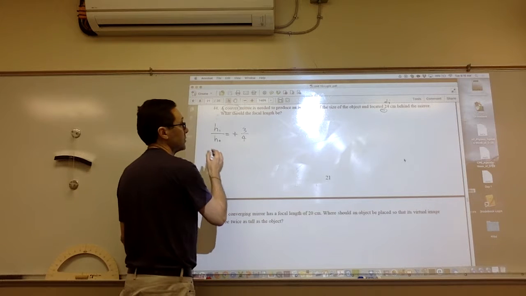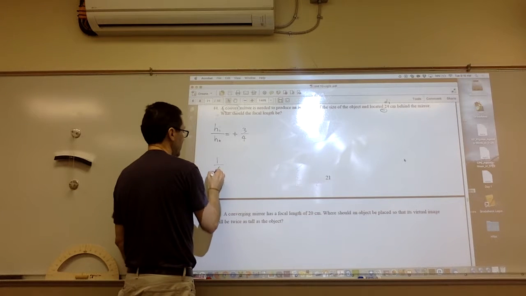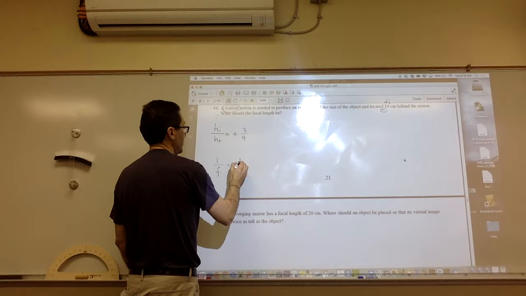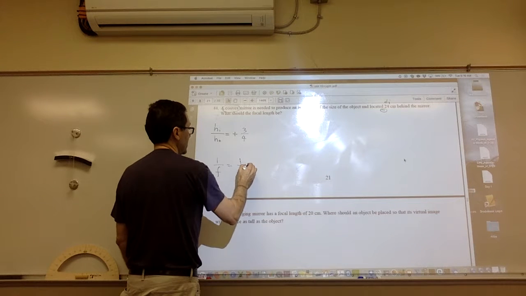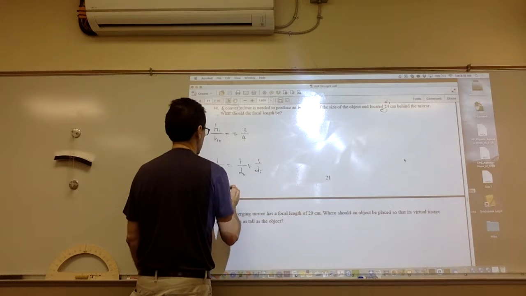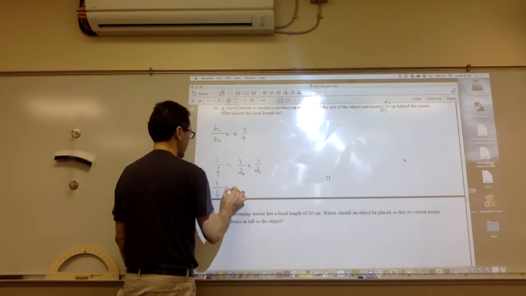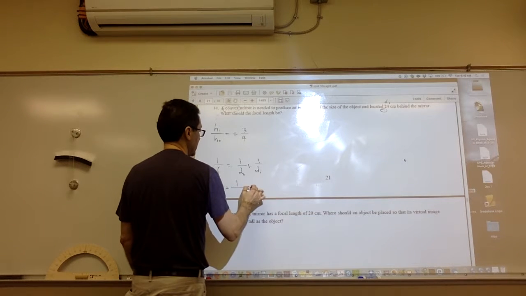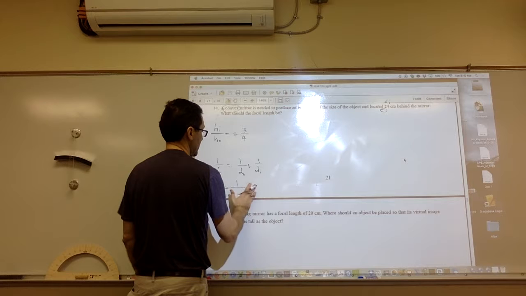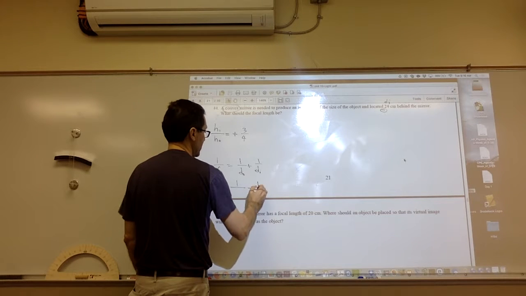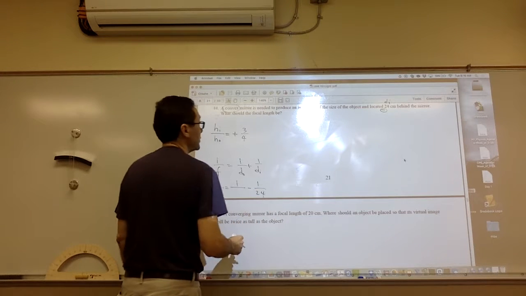So 1 over F equals 1 over DO plus 1 over DI, so 1 over F equals 1 over DO plus 1 over negative 24, which means minus 1 over 24.